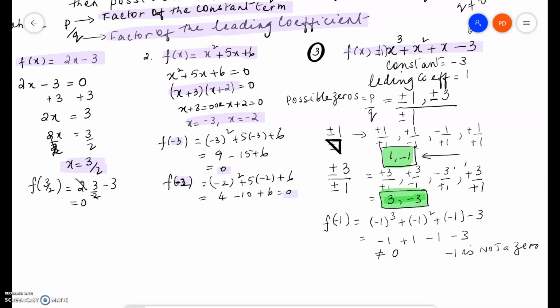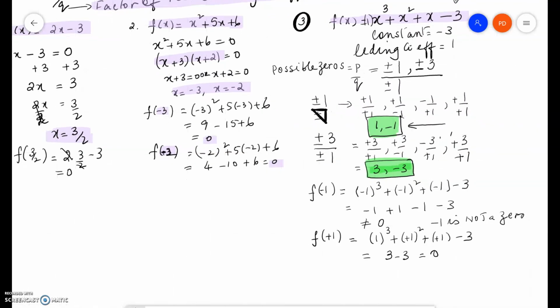Next we plug in a positive 1. So positive 1 the whole cubed plus positive 1 the whole squared plus positive 1 minus 3 is 3 minus 3, which is equal to 0. So we've found that 1 is a 0. This is how you can find the zeros.